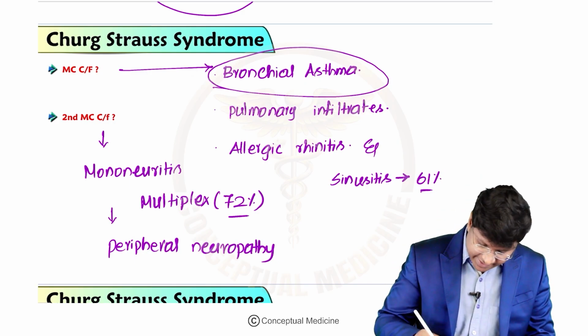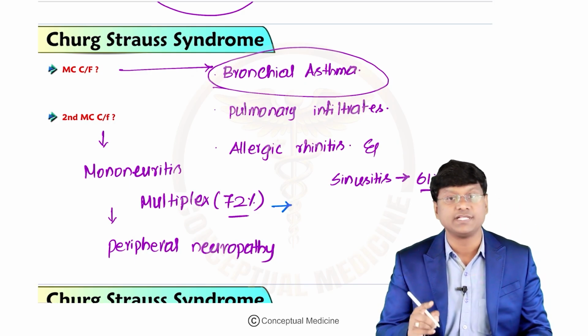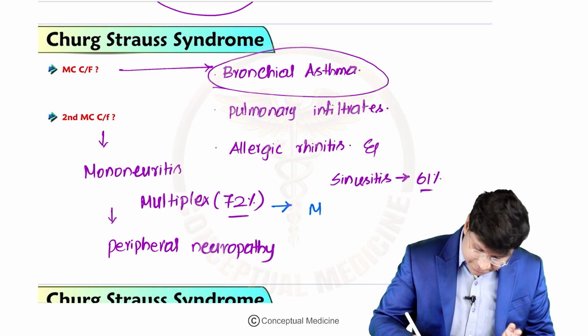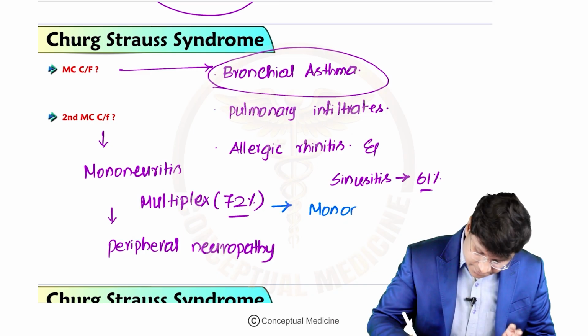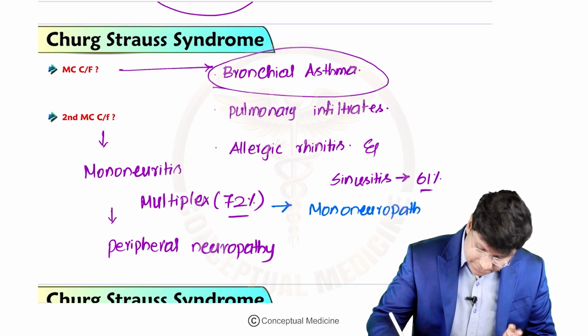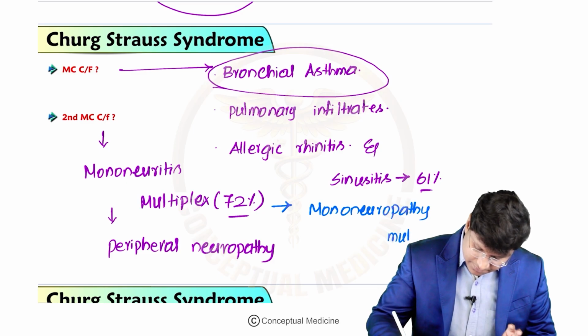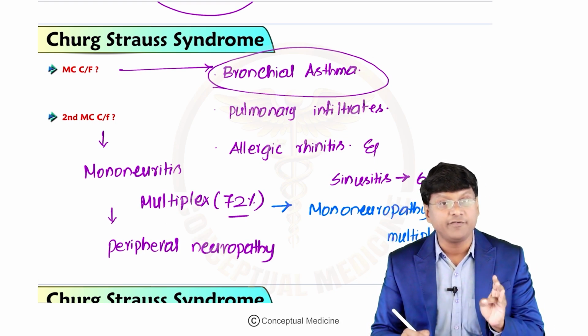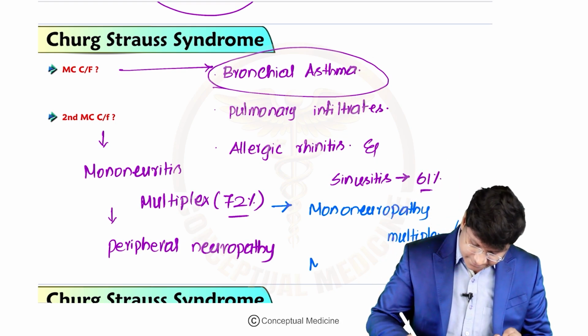What are the other names of mononeuritis multiplex? It is also called mononeuropathy multiplex, or multifocal neuropathy.